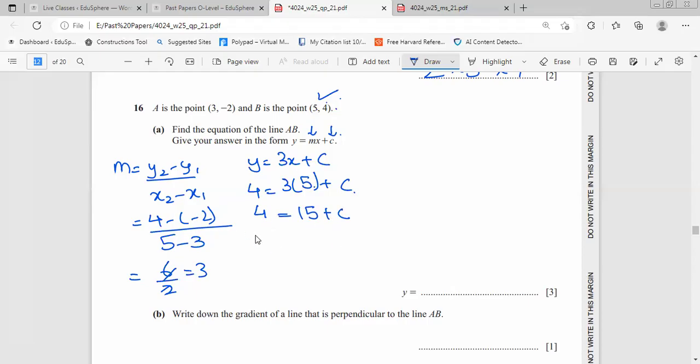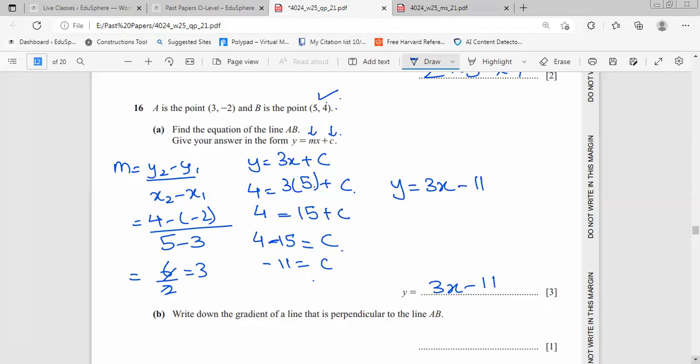So I'm shifting this to the other side: 4 minus 15. When we subtract, 15 minus 4 is 11, but since the bigger number is negative, it will be minus 11 equals c. So the final equation will be y equals 3x minus 11, because the value of c is minus 11.